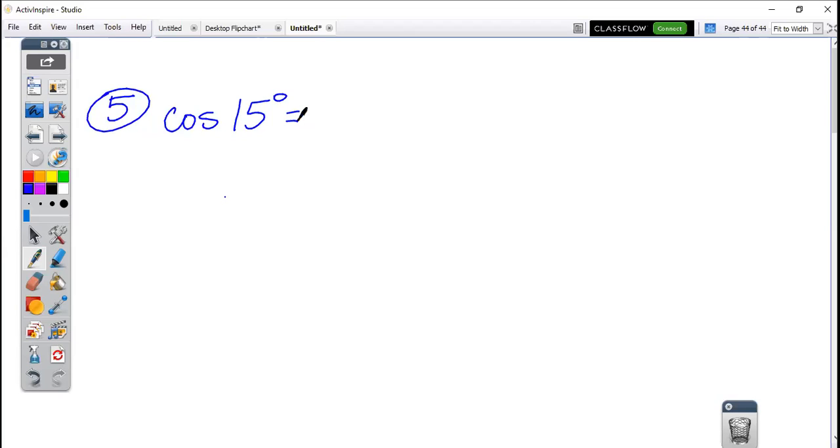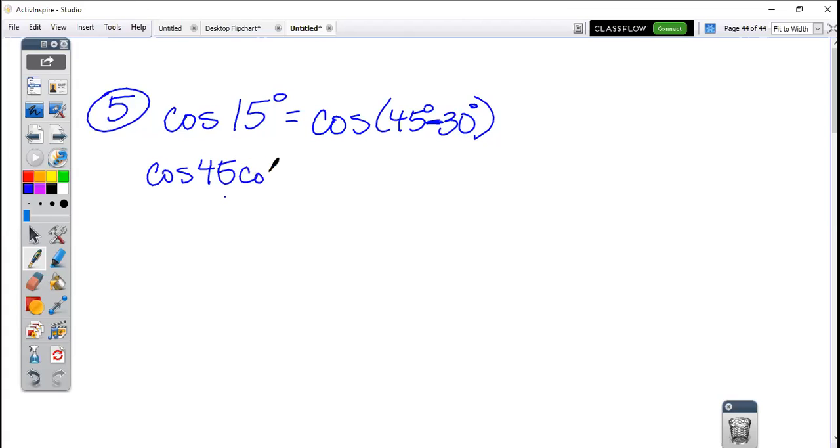So what would be 2 that add up to or subtract to be 15? 45 minus 30, right? So cosine of 45 degrees minus 30 degrees. And we look at the difference identity because we are subtracting for cosine. That will be cosine of 45, cosine of 30, plus the sine of 45 times the sine of 30.